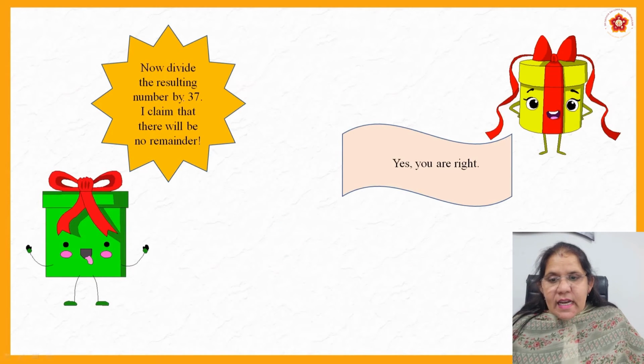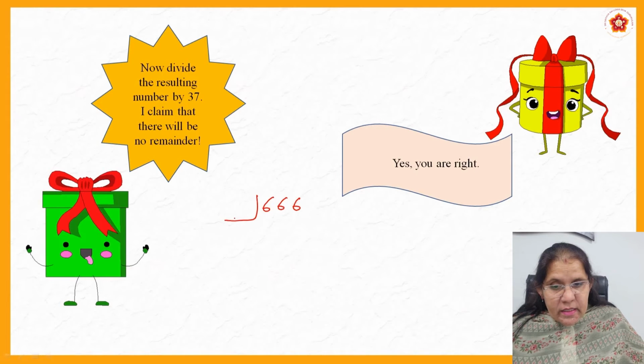Now divide the resulting number by 37 and I claim that there will be no remainder. So 666, this is what Oscar had got, the sum of the 3 numbers. Let's divide it by 37 to see what comes. 37 ones are 37.